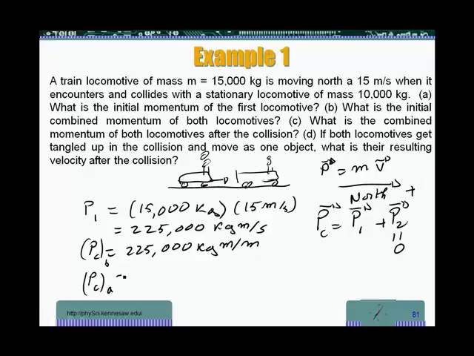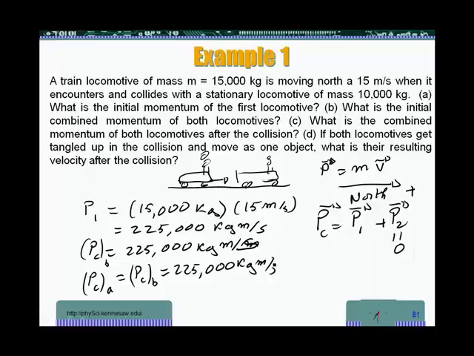The combined momentum after is going to be equal to the combined momentum before, which is equal to 225,000 kilogram meters per second. That's my combined momentum of both locomotives after the collision.